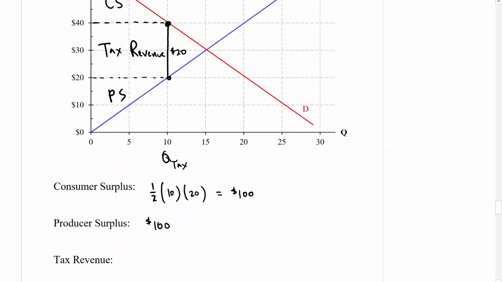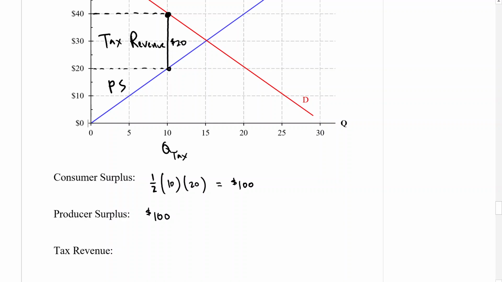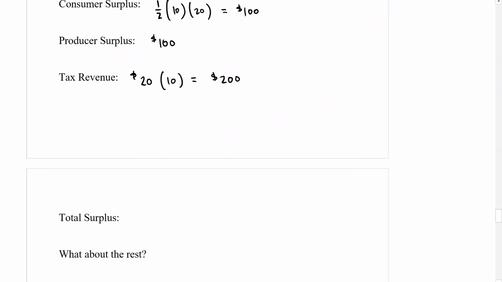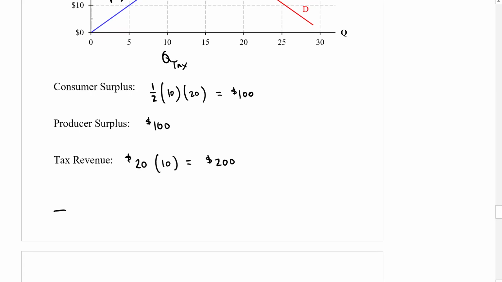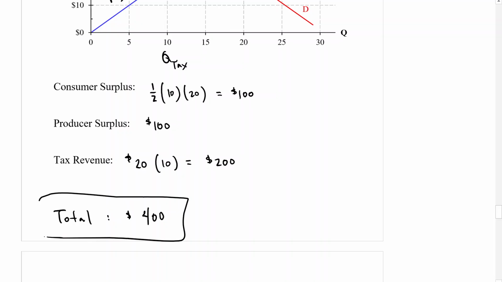And then the tax revenue is the area of that rectangle, a 10 by 20 rectangle. $20 by 10 is $200. Our total surplus, altogether, 100 plus 100 plus 200 is 400. So there we have it, total surplus with a tax is $400.